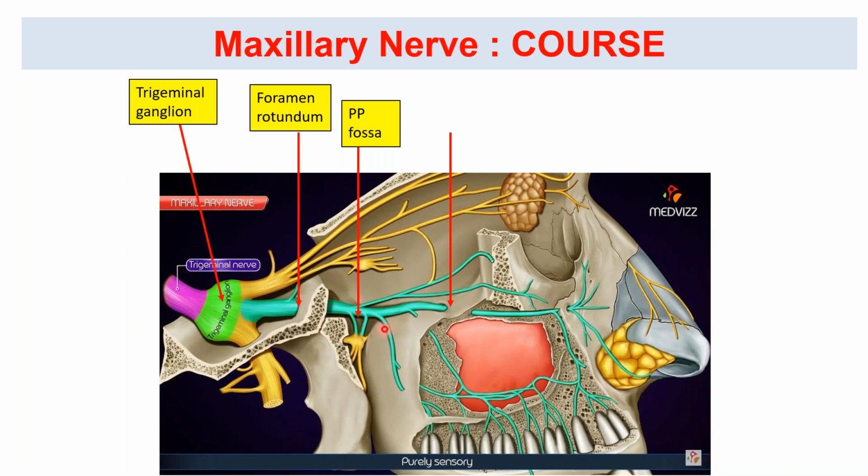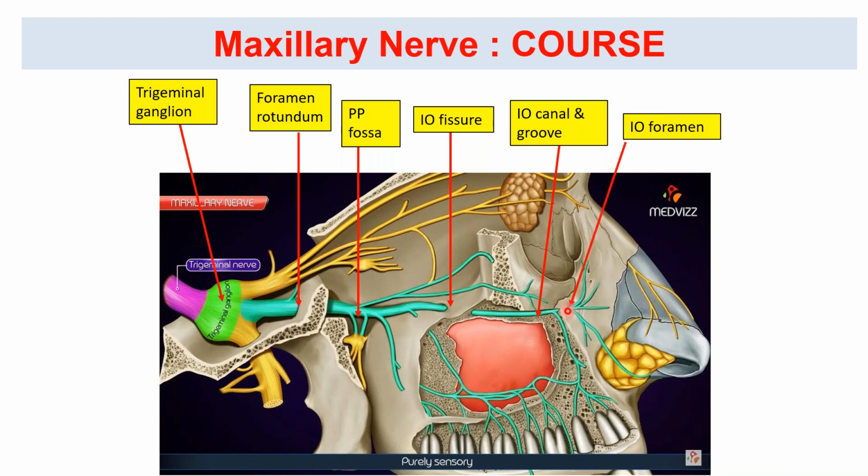After that, the maxillary nerve will give off some branches in the pterygopalatine fossa, and then it will enter through the inferior orbital fissure, and through the inferior orbital fissure, it will enter where? It will enter into the orbit. So the inferior orbital fissure will continue into the inferior orbital canal in the groove, and finally it will come out through the infraorbital foramen in the form of the infraorbital nerve.